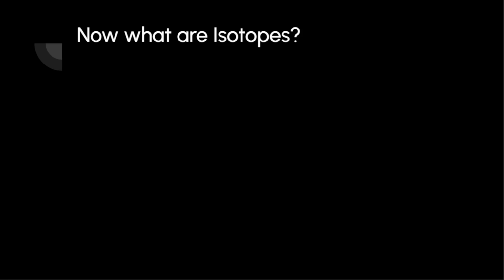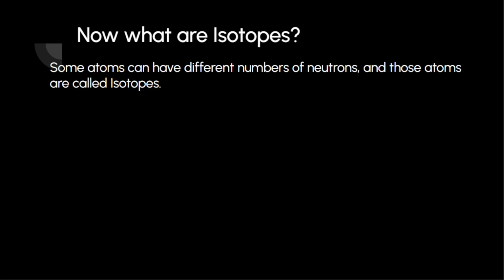We've talked about this back in lesson number 1 when we talked about John Dalton's atomic model, right? He said all the same elements are identical, but it's actually not true. It was proven to be wrong in this lesson. Some atoms can have different numbers of neutrons, and those atoms are called isotopes.